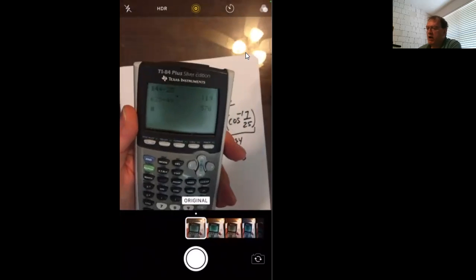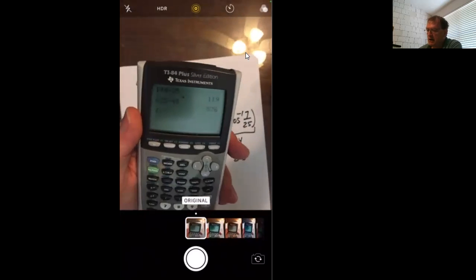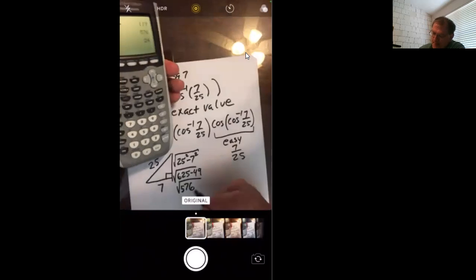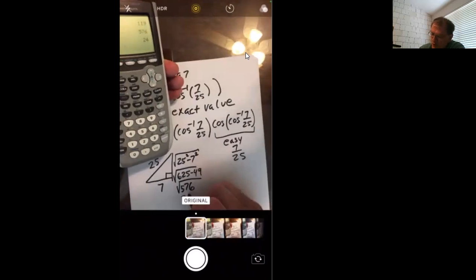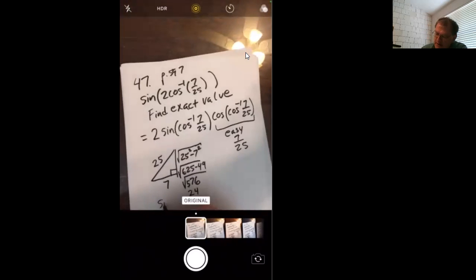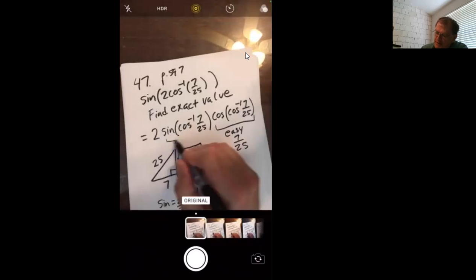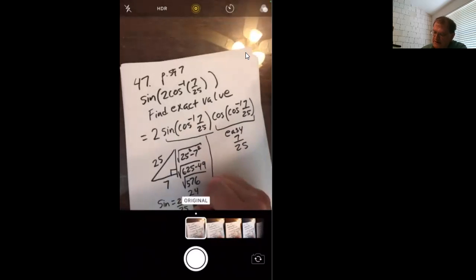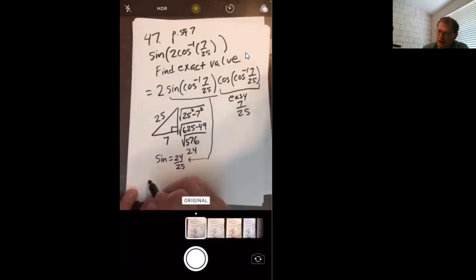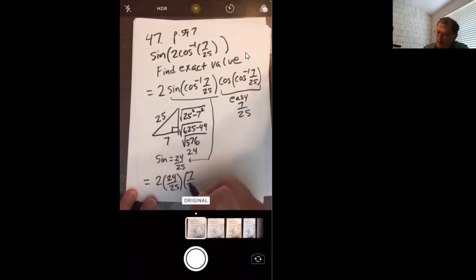It might be 24. Answer. Yep, 24. So your sine is 24 over 25. This piece is this.